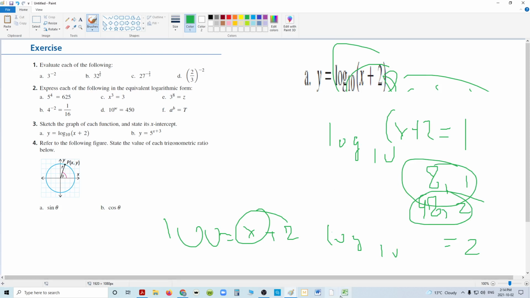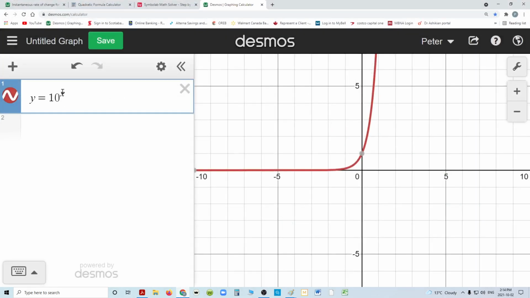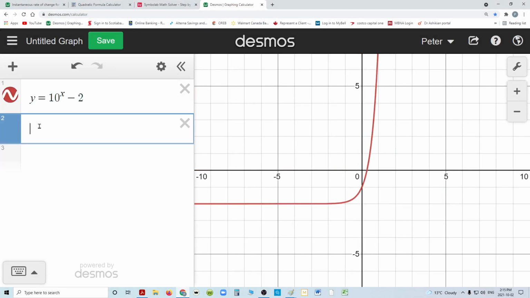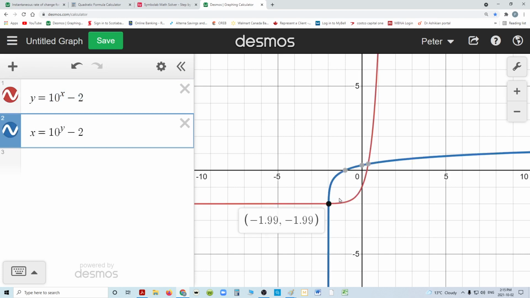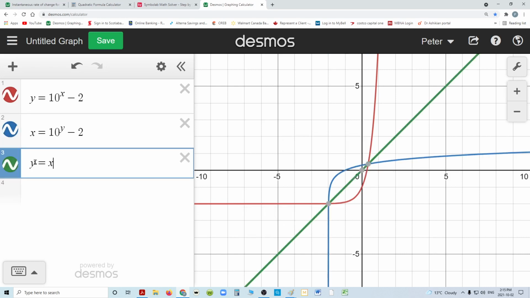Let's have a look at what that looks like on Desmos. It'll be a lot easier. So this whole thing is this, and according to me, the reciprocal, when I switch my x and my y's, will be like that. So you can see that they do indeed still reflect through this line, they just cross over at a couple points.